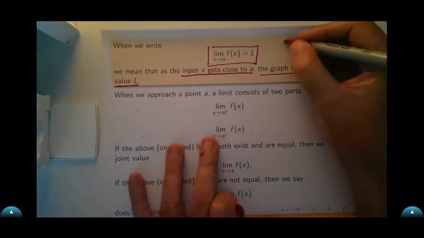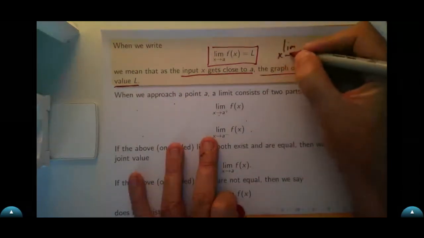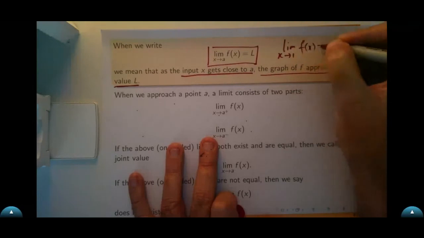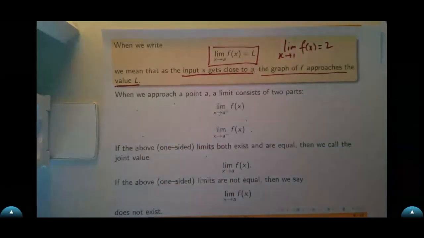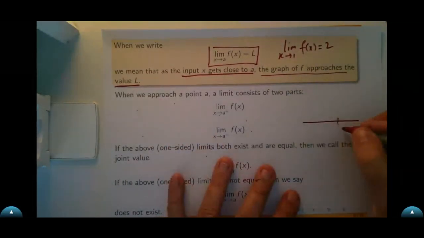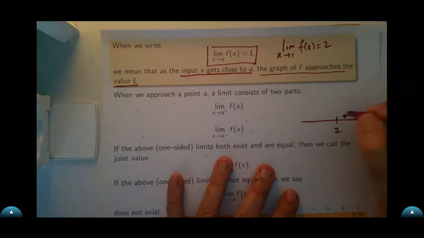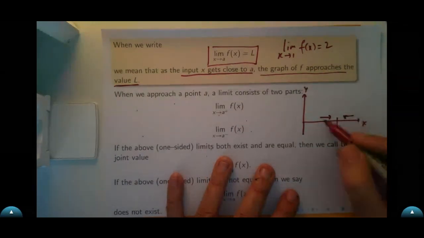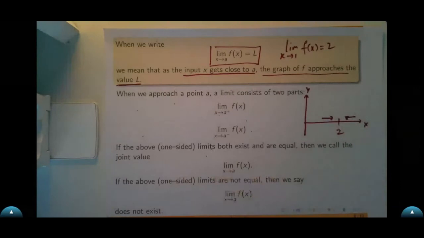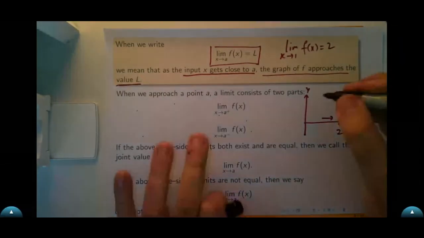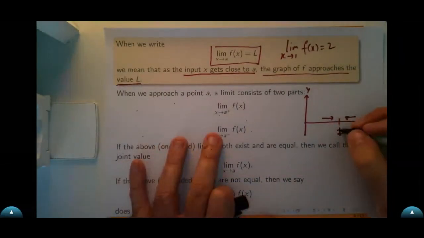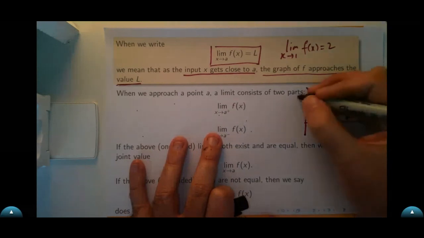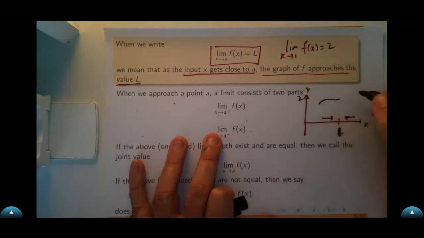So when we write something like this, it means that if I'm approaching 1 from the left and from the right, it means that my graph is approaching, say, 2 here.